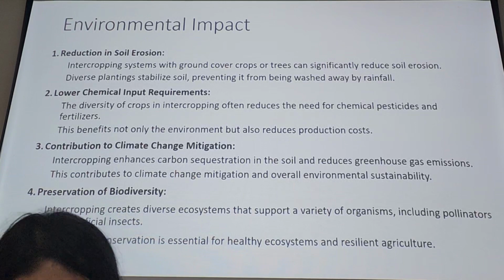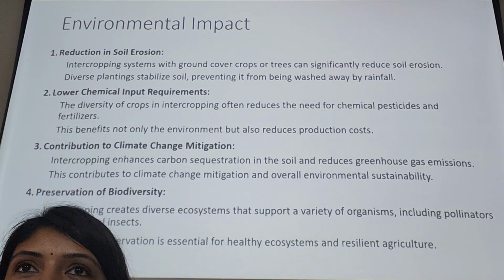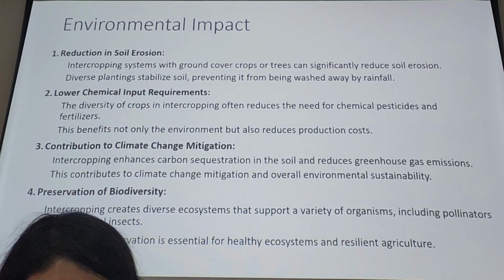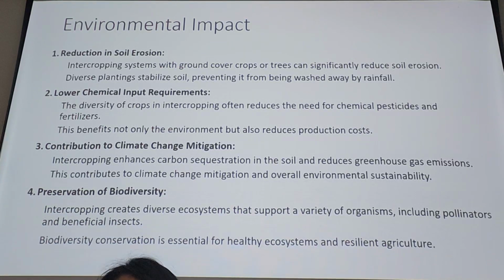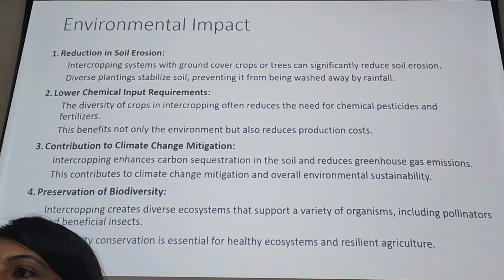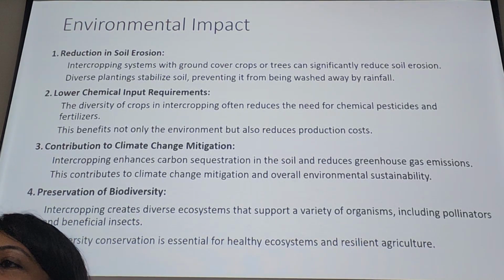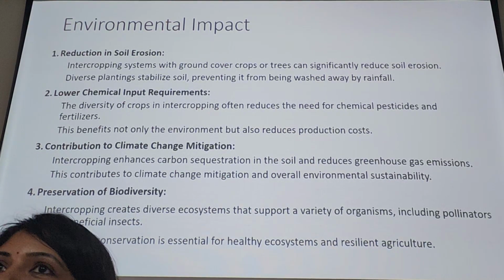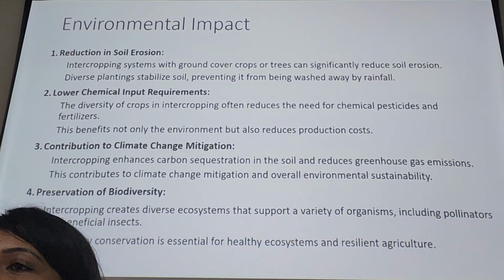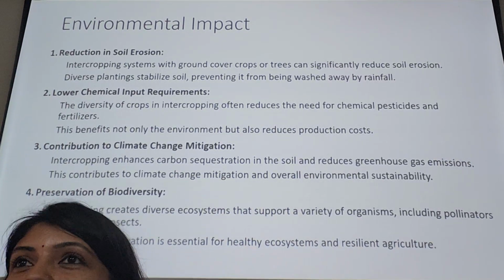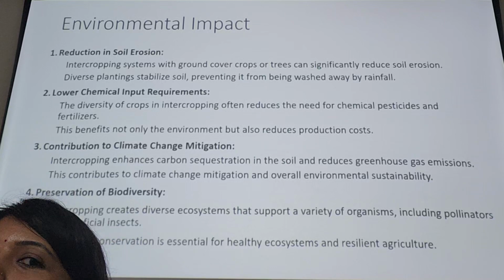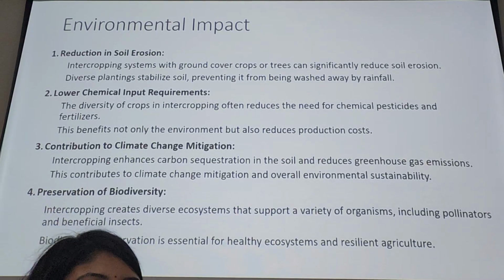Lower chemical input requirements, because sometimes we plant with nitrogen fixing crops, so there is a lower need for fertilizer application, and sometimes there are crops that release chemical compounds that deter pests. With that, we can use less chemicals for pests.